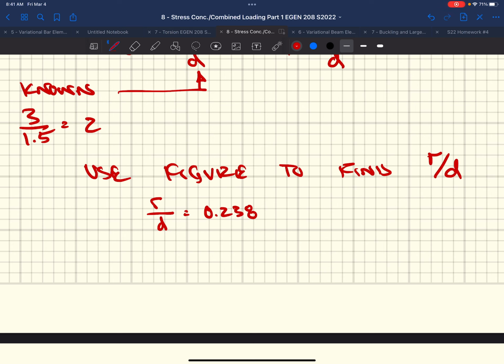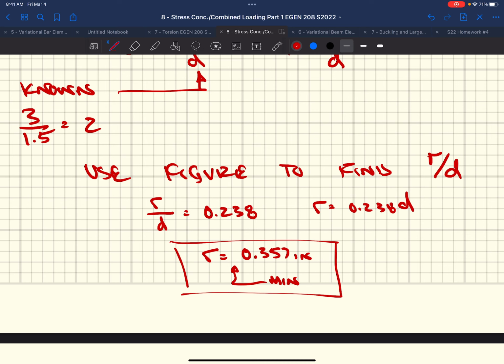Right? What does that mean? Well, that means that R equals 0.238 times the small diameter, or we get a radius equal to 0.357 inches.